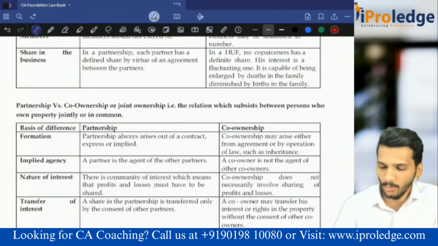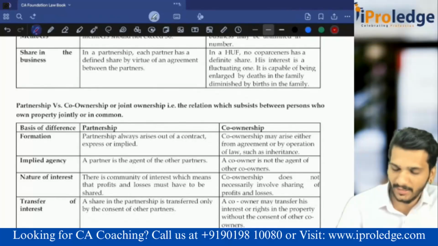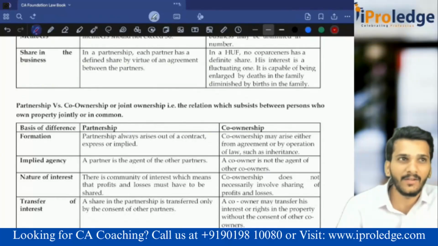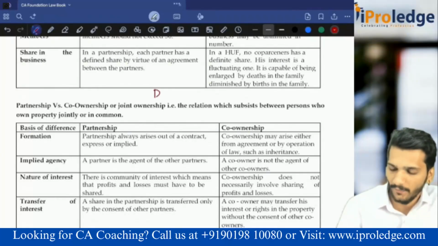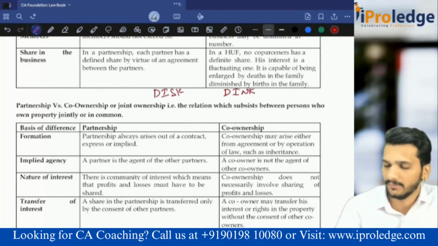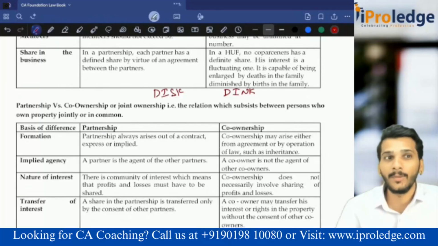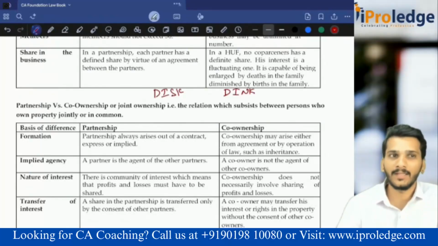But there were two other concepts, introduced some 10 years back, for the purpose of maintaining this: DISK and DINK. It is an economic concept, not there in your syllabus. Because our population is growing too much, the government started controlling that, but it failed miserably.